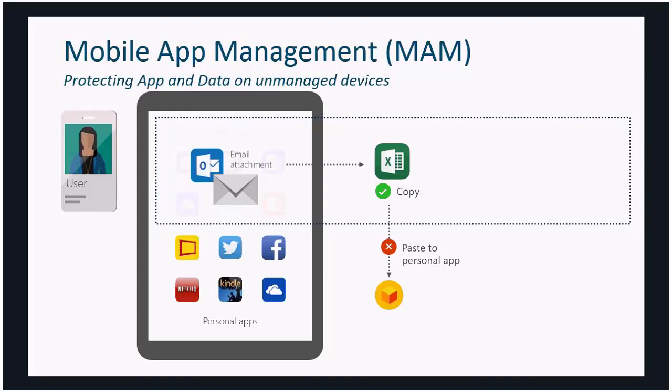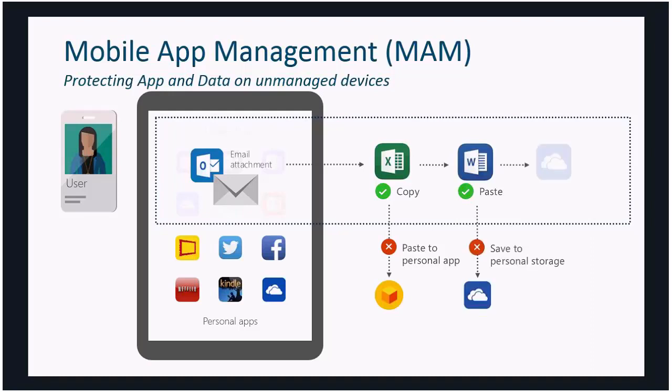So there's a difference in that there's no device control with MAM, and it's a light touch, I'll call it, but yet it's enough to know that if an application is deployed to the machine, whether it be an iPad, an Android device, even a Windows 10 device, you have control over that application. They're called a managed application. You can prevent where things are copied to.